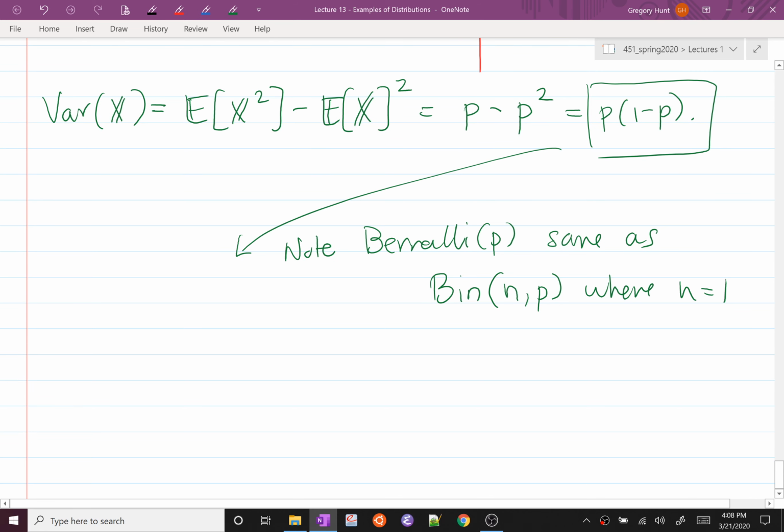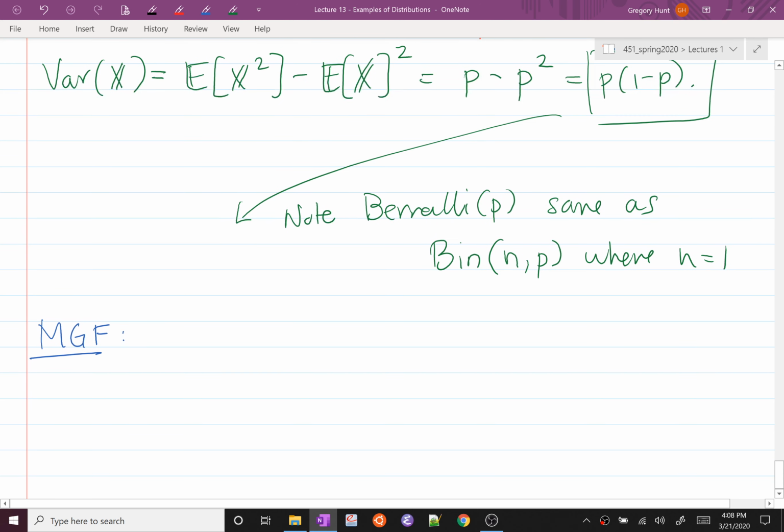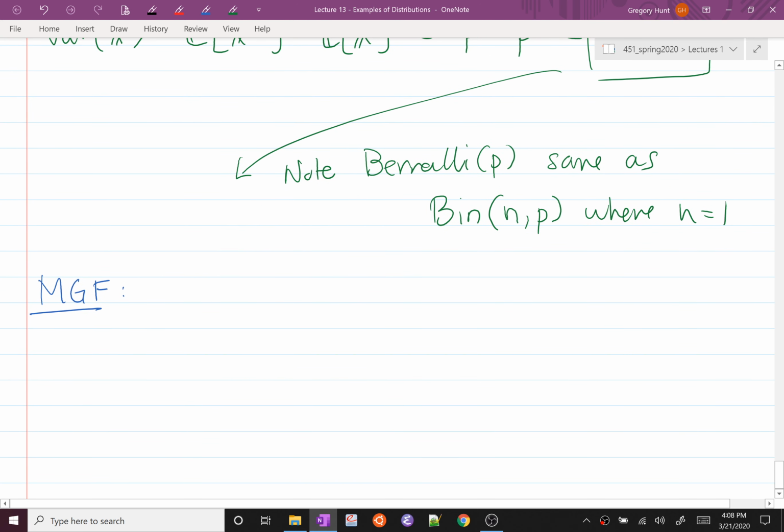So nice and simple. And the last thing we want to look at for our Bernoulli random variable is the MGF. M of t is the expected value of e to the tx. That's our definition. We can write this out, which is kind of cumbersome. It's the sum over 0 or 1, those are the only values in our support, of e to the tx times f of x.